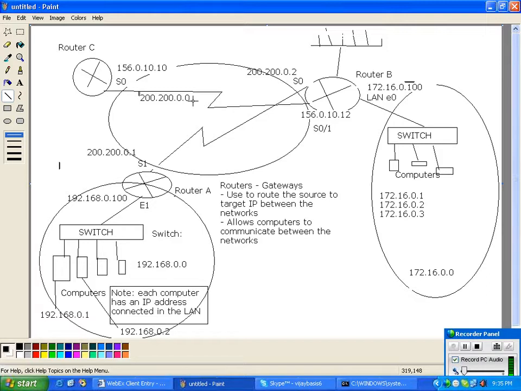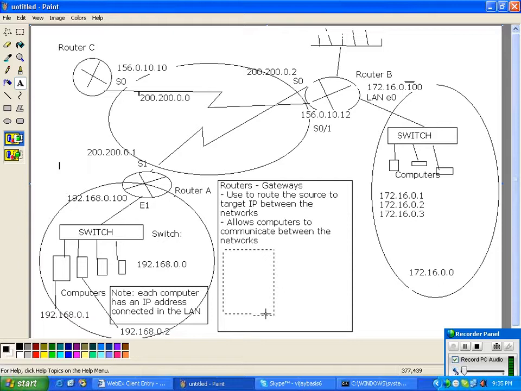So I'm talking about private networks, means our corporate networks. Corporate network setups will be like this. It could be anything.